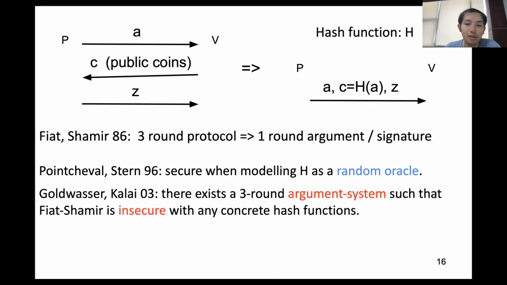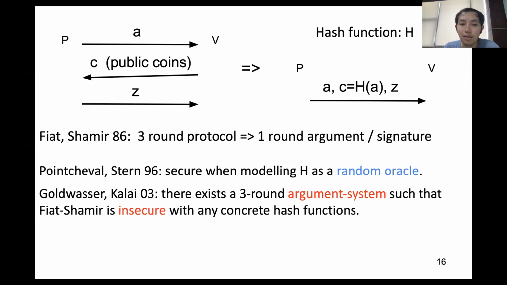So what is really intriguing is that in 2003, Goldwasser and Kalai showed that there exists a three-round argument system such that Fiat-Shamir is insecure with any concrete hash function, meaning that if you don't model the hash function as a random oracle, you can see the key and the attacker will make explicit use of the key in violating the soundness of the protocol.